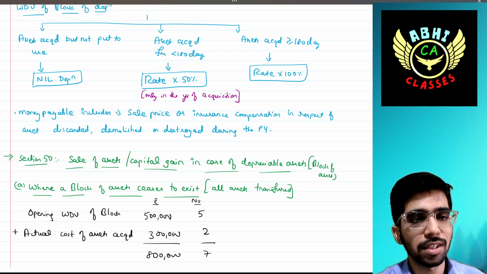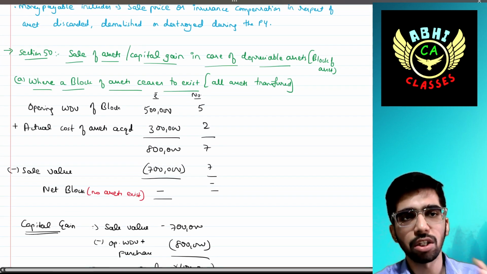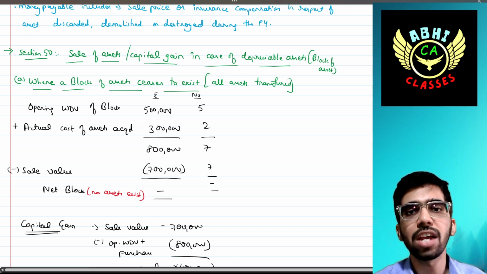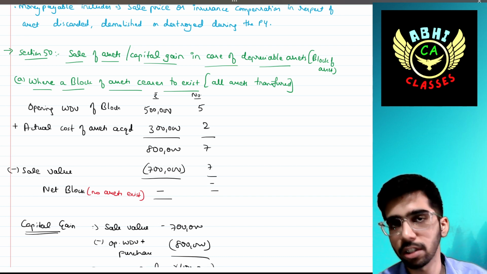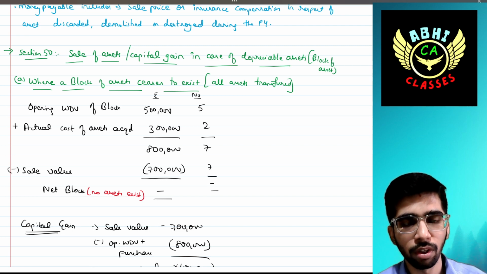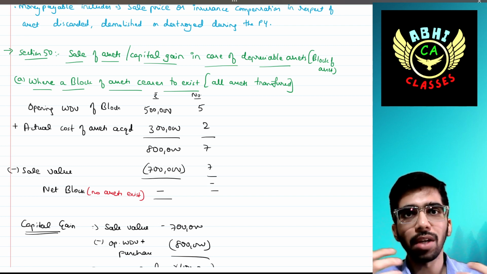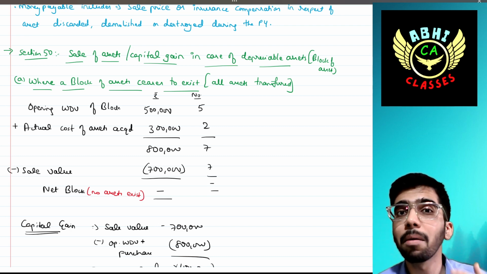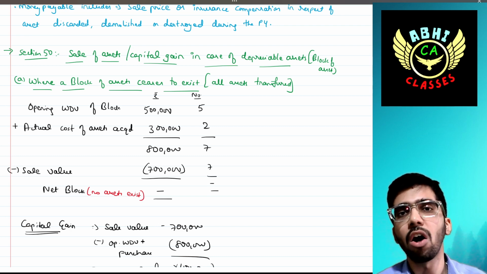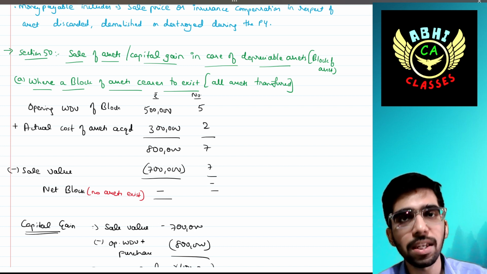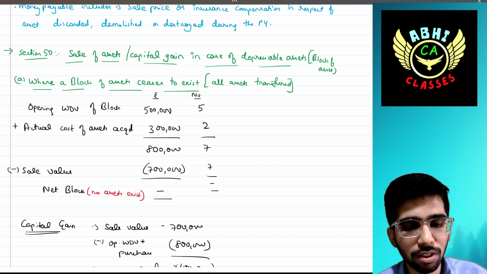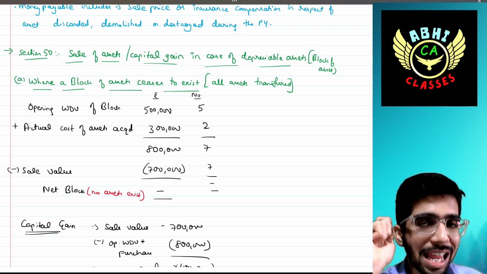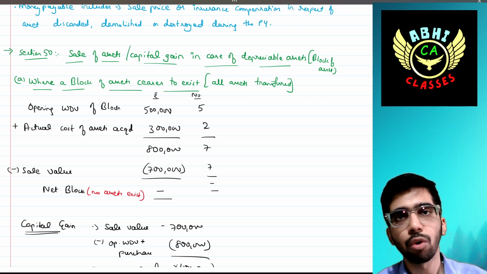Okay, then Section 50, very important. Section 50 deals with the sale of an asset, or the capital gain in the case of a depreciable asset, that is, a block of assets. In terms of some of the assets which are depreciable in nature, a capital gain might occur, in which there are two cases which we'll discuss with an example, so that in examinations you will be in a position to solve those questions.